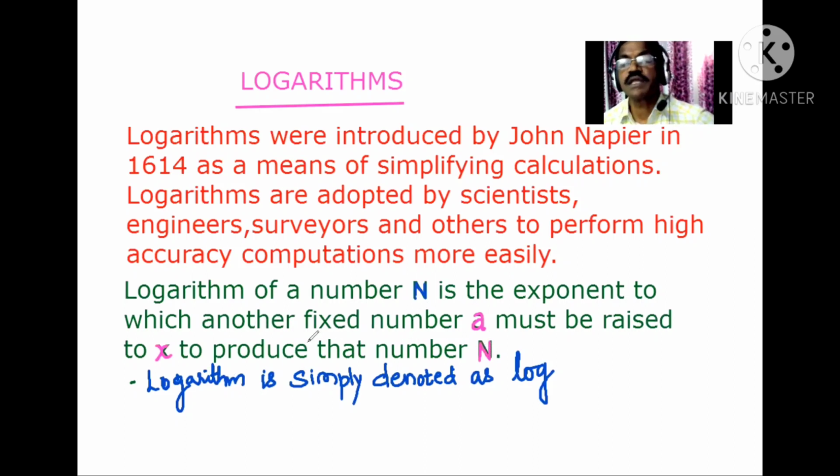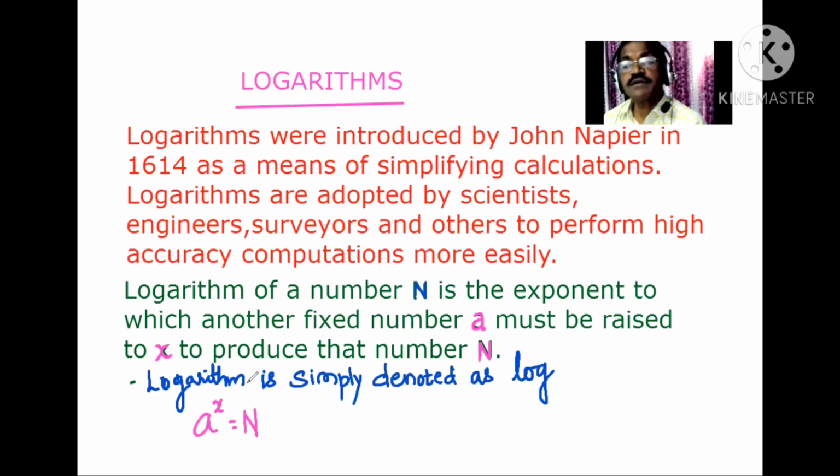That is, a to the power of x is equal to n. That means the logarithm of number n is x, and a must be raised to x to get n. So this x is called the logarithm of the number.